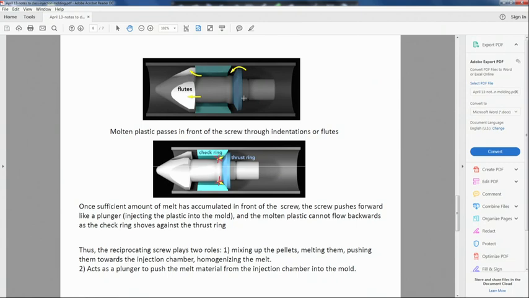So, I hope you have understood the concept of the reciprocating screw and how it is used to solve the problems of inhomogeneity of the material or the temperature difference, for example, where some part of the material is not molten at the central region, some part is molten near the barrel wall, and it may become degraded because of high temperature, and so on and so forth.